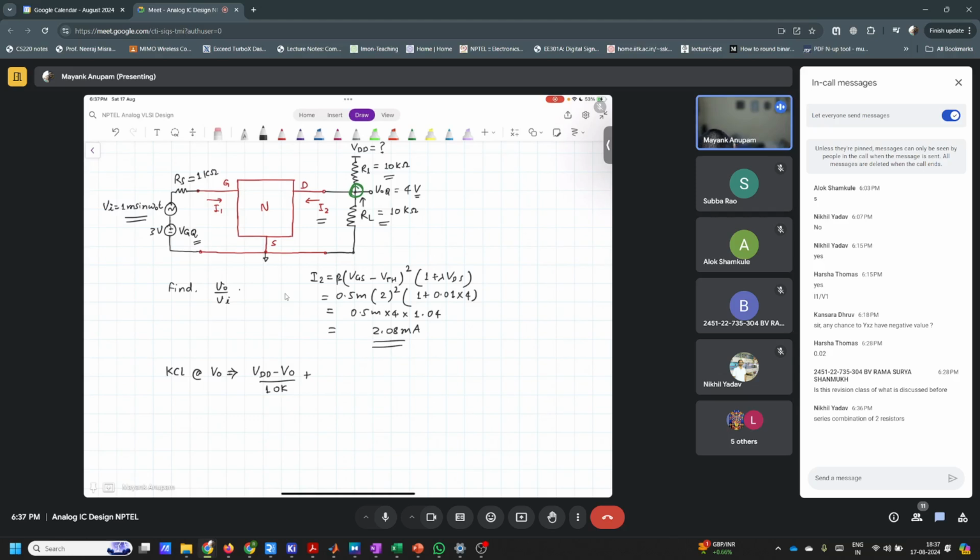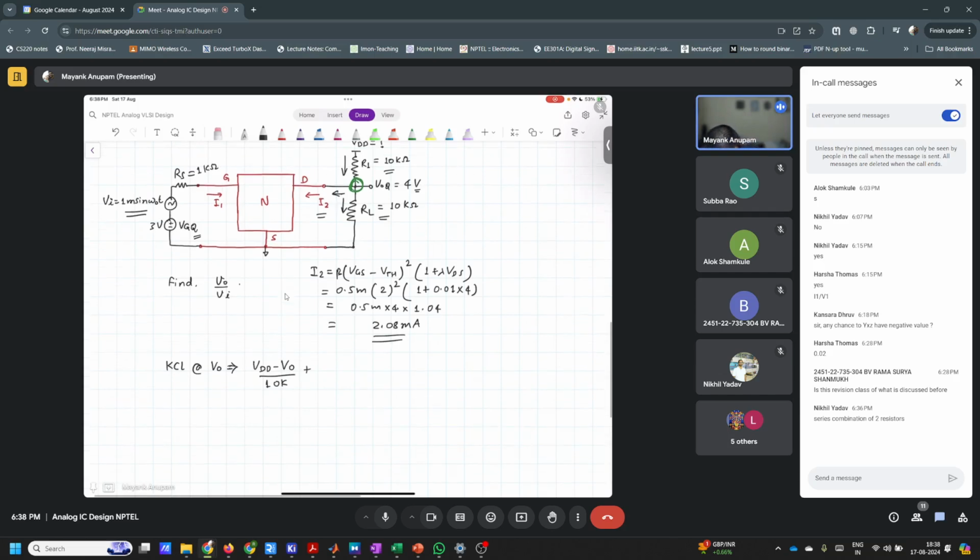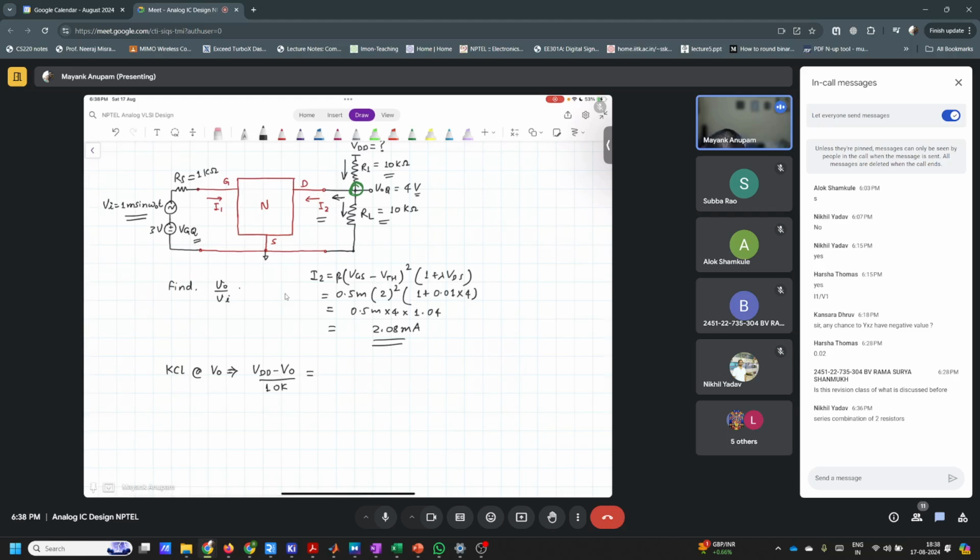This one, right? Or rather, try to understand it this way: current that is entering this node should add up to current that is leaving this node. So current that is leaving this node is I2 plus this guy.